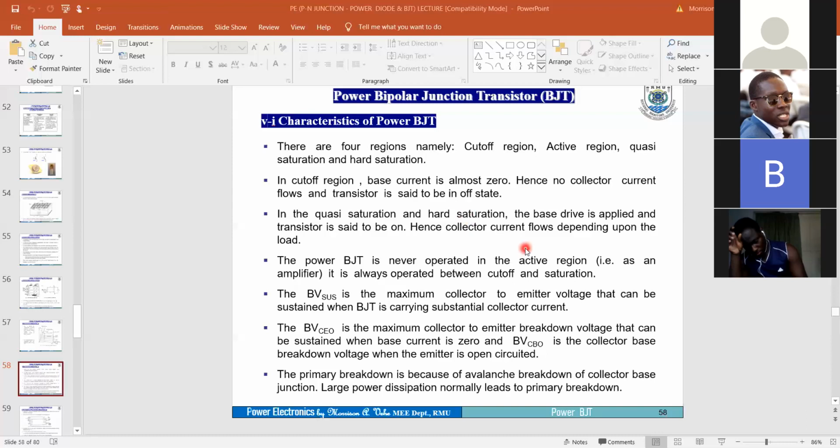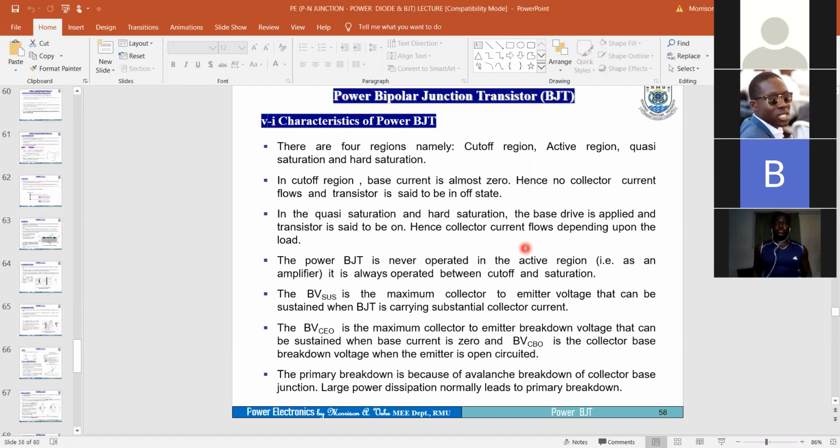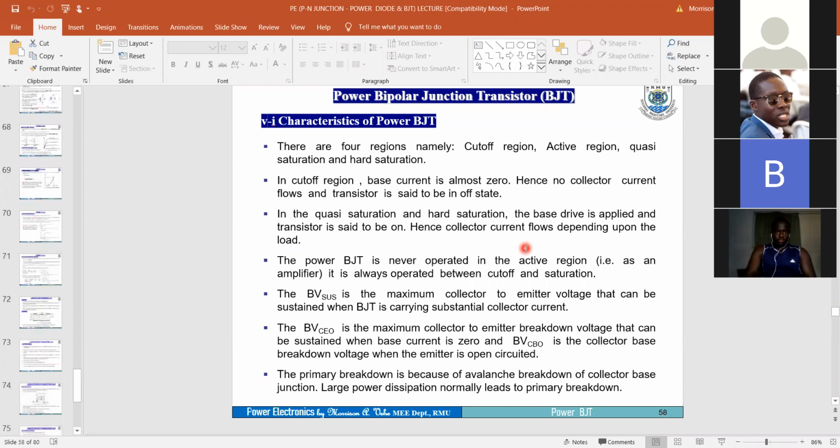So, a base drive circuit is nothing but, I think, or maybe I haven't talked about it, a circuit that will help you to actually turn on a transistor.